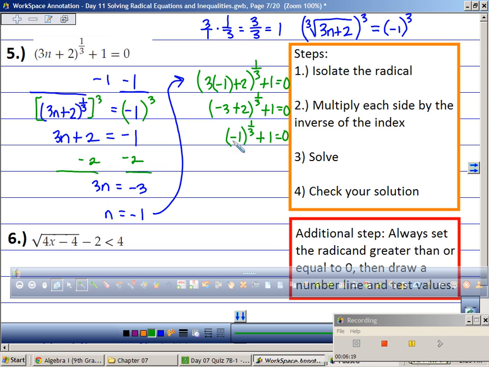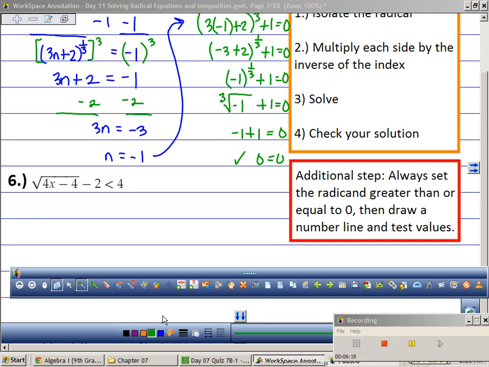Most of you should be able to see that's still -1. Or if you don't like that, the cube root of -1 is -1. Plus 1 is 0. So it checks. Questions on that one?